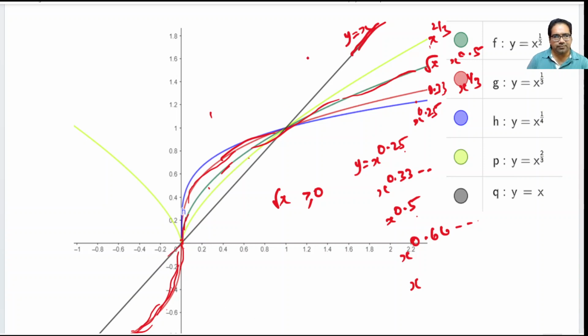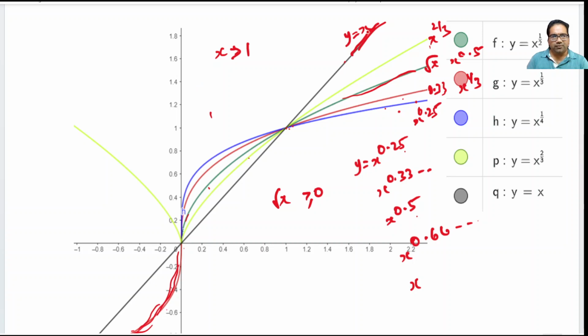If you notice, when x is greater than 1, the higher the power, the higher the value would be, right?